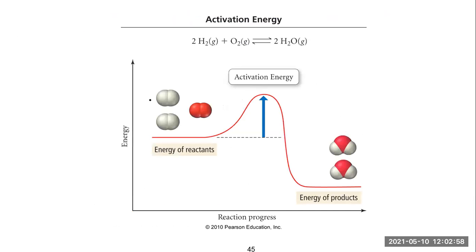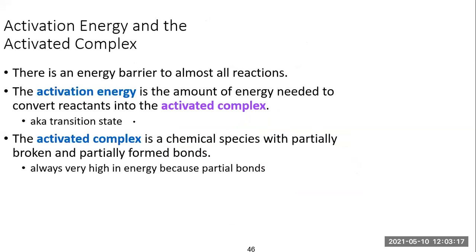And again, here's that idea of what we were just talking about. These guys are coming, and again, we pretty much have to break all these bonds and start making some new bonds. As it's climbing the hill, we'll hit that activated complex and come down to the other side. Now, activation energy and the activated complex, as I was talking about earlier, is that energy barrier to almost all reactions.